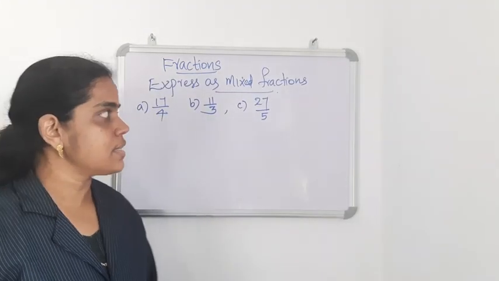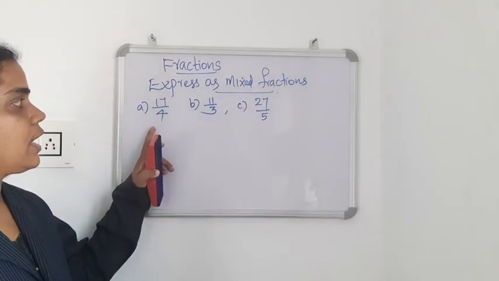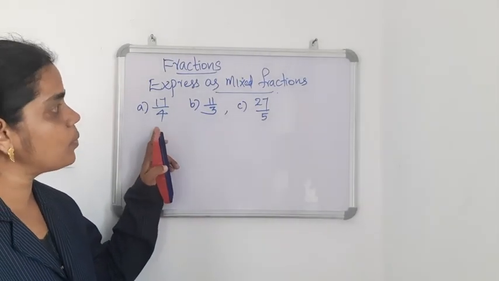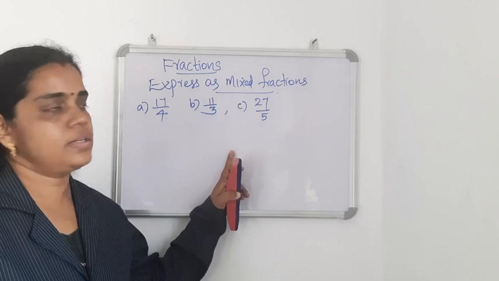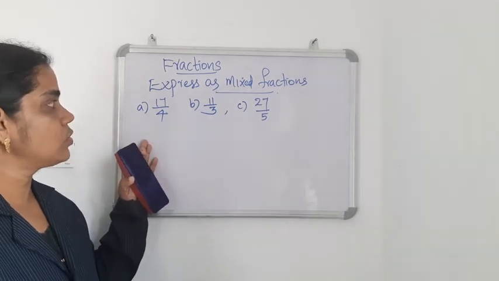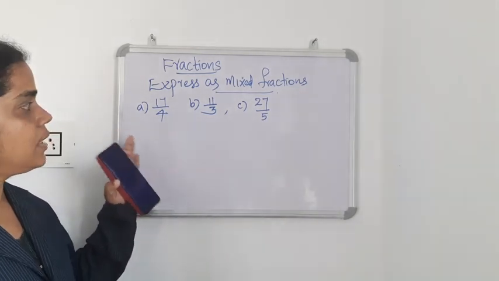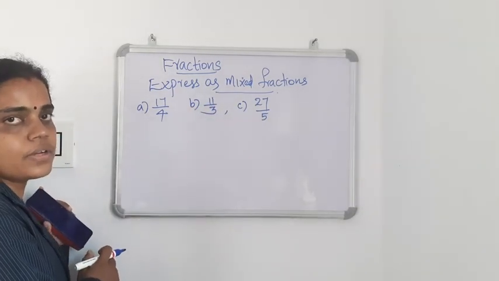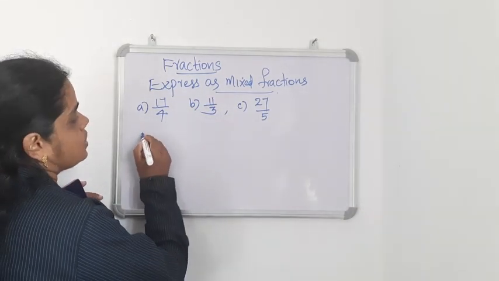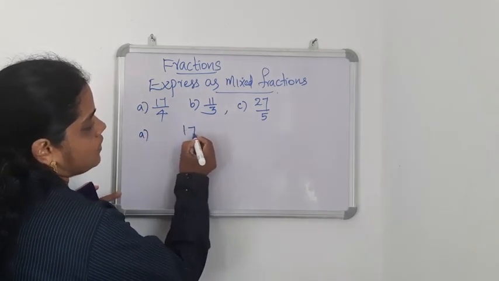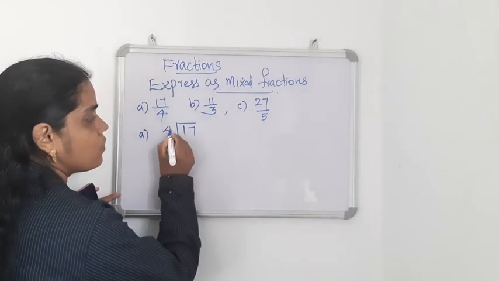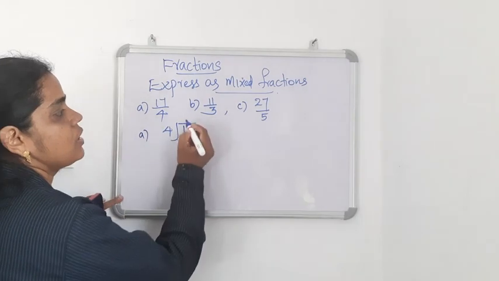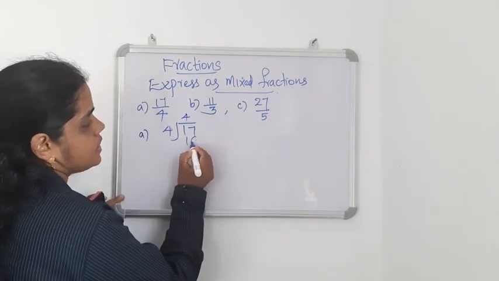Next we can discuss how to convert an improper fraction to a mixed fraction. So 17 by 4 is an improper fraction. By normal division itself we can convert this into a mixed fraction. First question, 17 by 4. We divide 17 by 4. Normal division. 4 4s are 16.